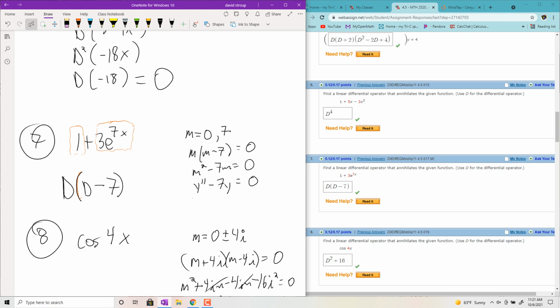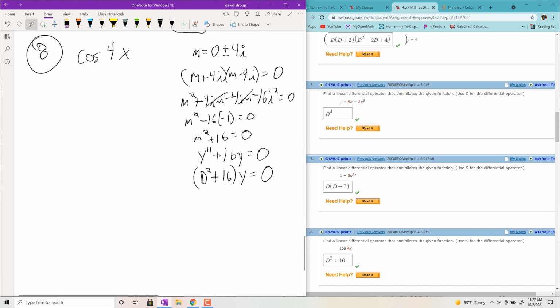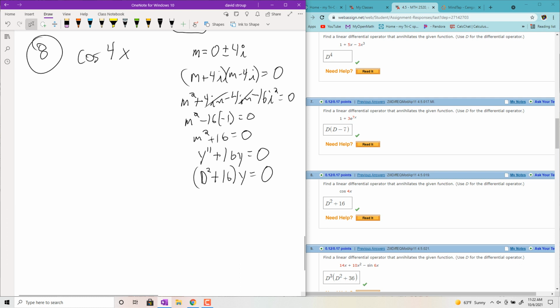In differential operator notation, that would be D squared minus 7D of y equals 0. And of course, if you were to factor that, you would get the factors right here. So as far as memorization goes, if you already know how things work, you already know how to annihilate these functions.